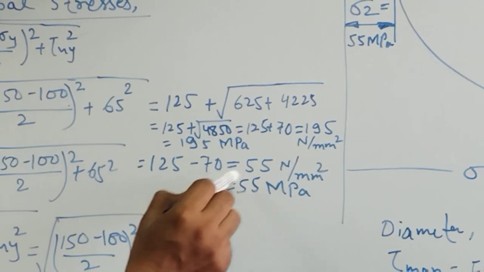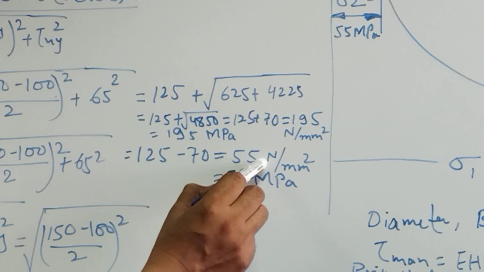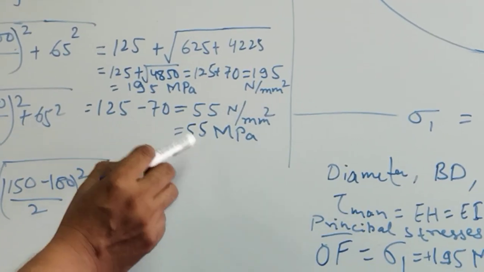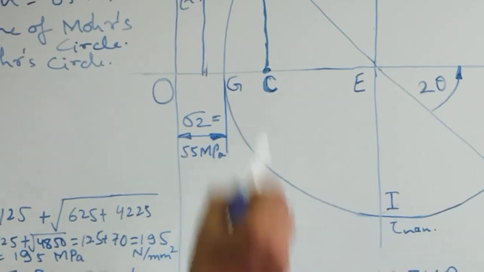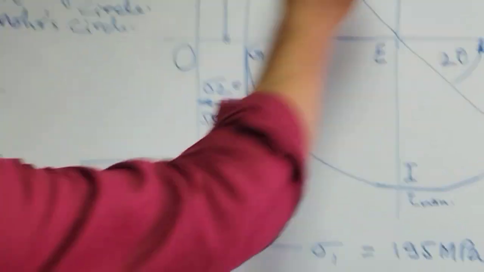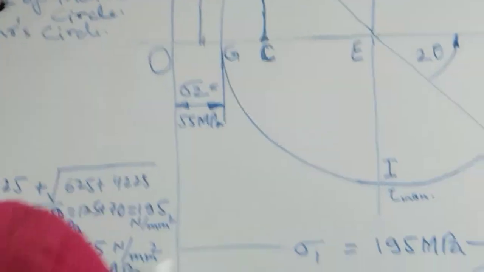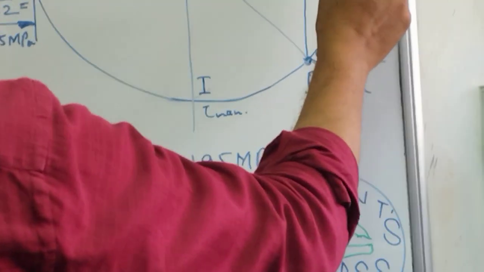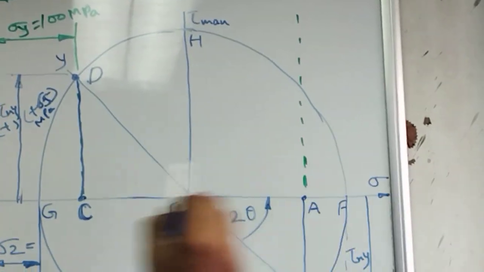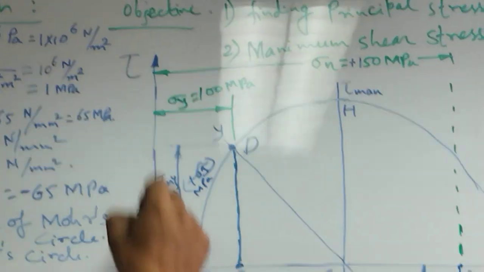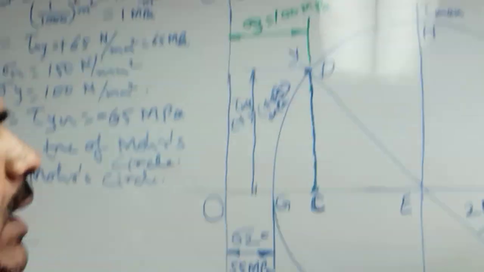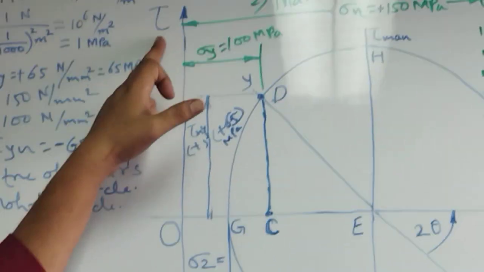Therefore, 125 minus 70, which equals 55 Newton per millimeter square or 55 megapascal. This is drawn as OG, 55 megapascal, in the Mohr circle diagram, and 195 where the circle meets the sigma axis, with sigma as the abscissa and tau as the ordinate.